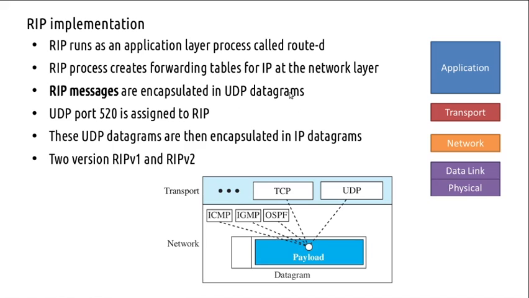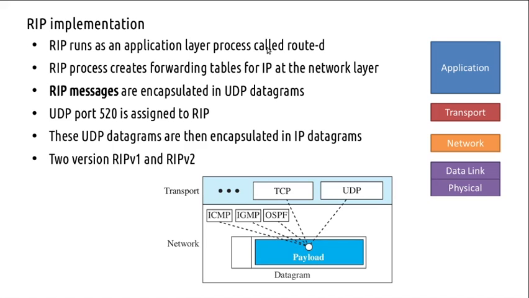So RIP messages are encapsulated. If you recollect, in the first lectures we mentioned encapsulation and decapsulation in the OSI model. So it is encapsulated in a UDP datagram, and then it is encapsulated in IP. IP is the network layer protocol, the internet data frame. We came across this; it was included as a payload within this.